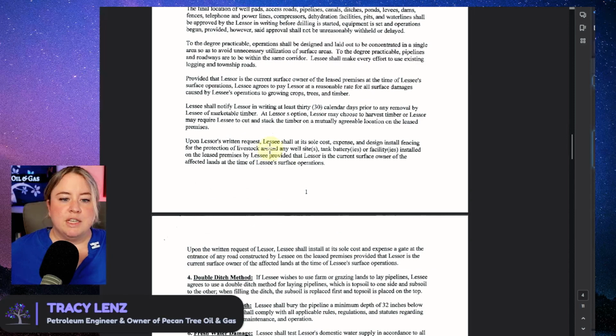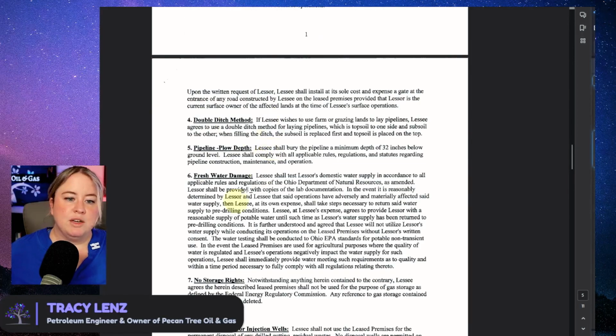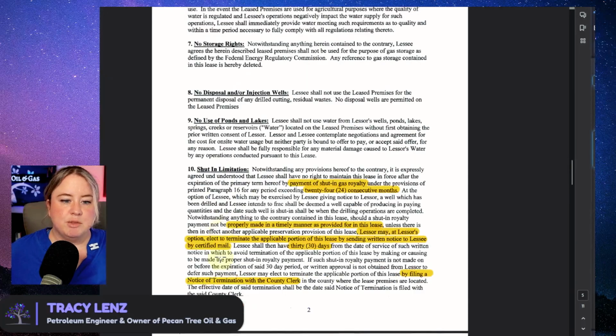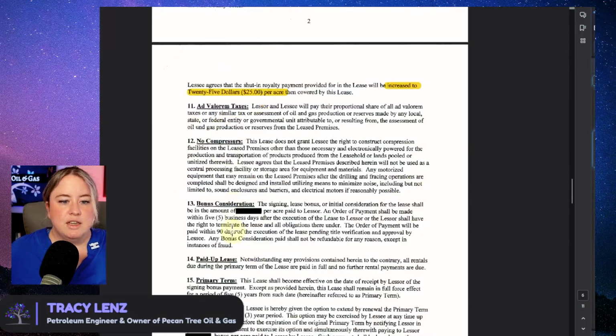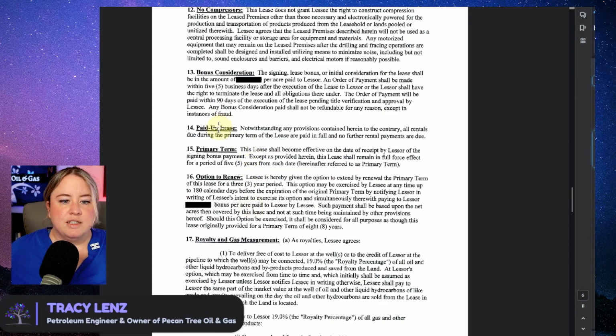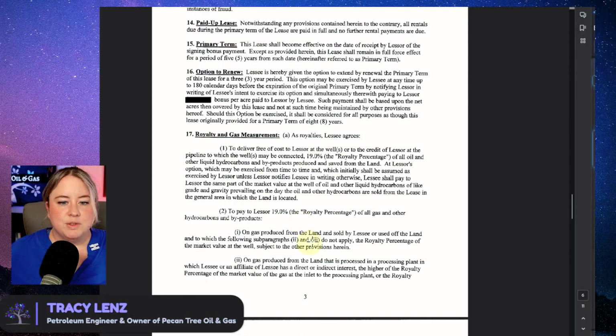They're going into some of the terms, like freshwater and ditching and plumbing and all the disposal, injection, ponds and lakes, shut-ins, ad valorem, bonus considerations, and terms and royalties.